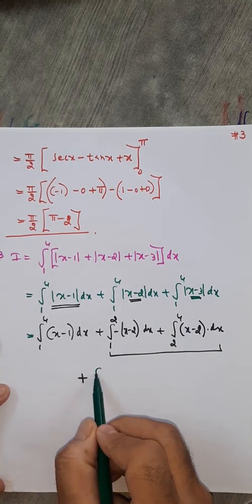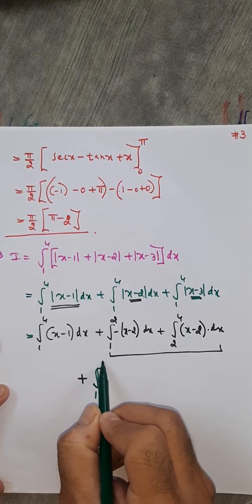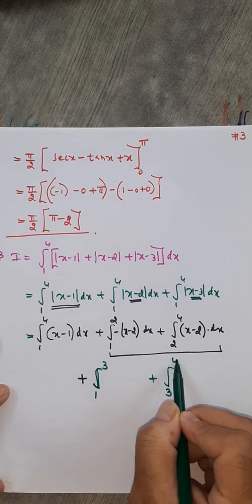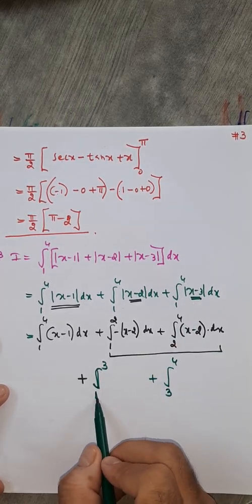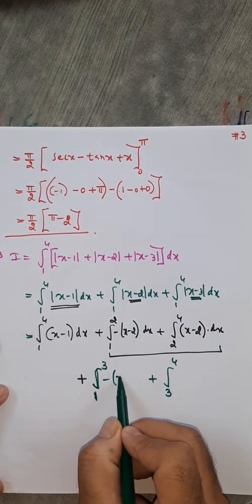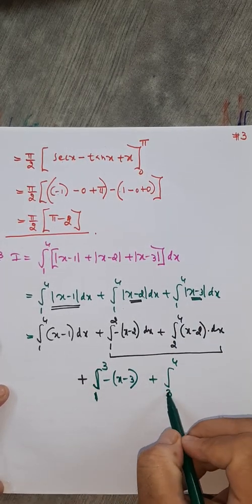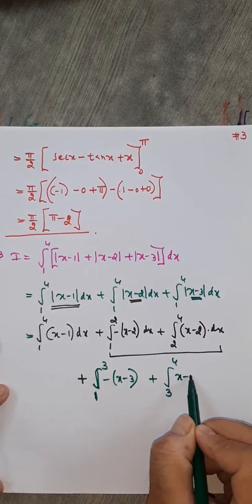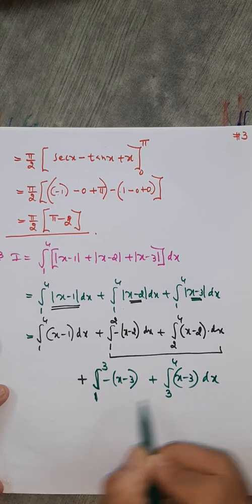At 3. So integral 1 to 3 here plus 3 to 4. This is from the last one. Now if you take any number from 1 to 3, this is negative. So you have a minus sign in front of this. And from 3 to 4 you pick up any number, this would be always positive. So this is plus. I hope you know this.